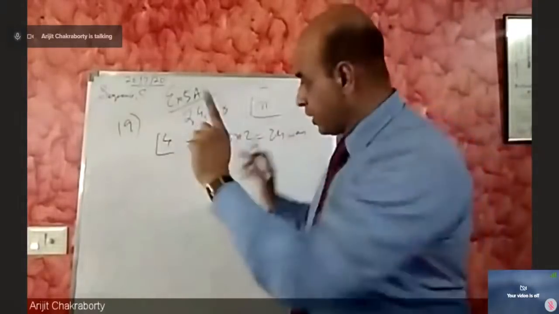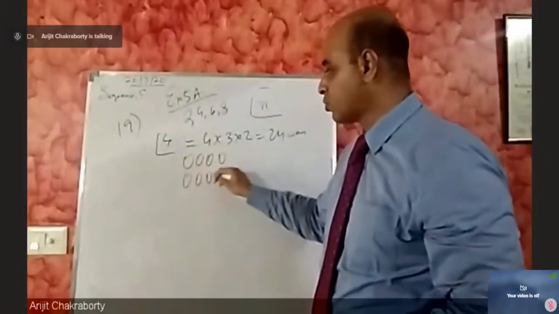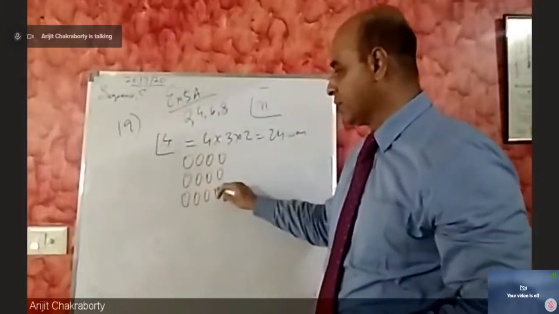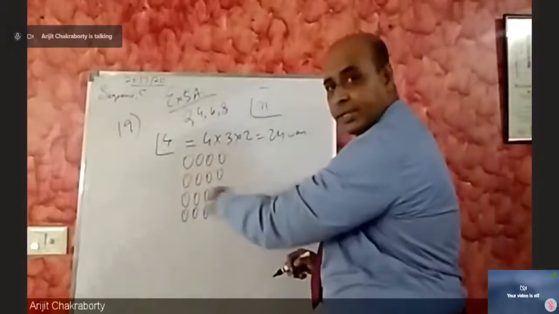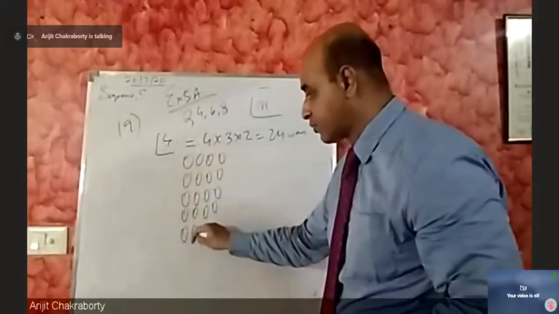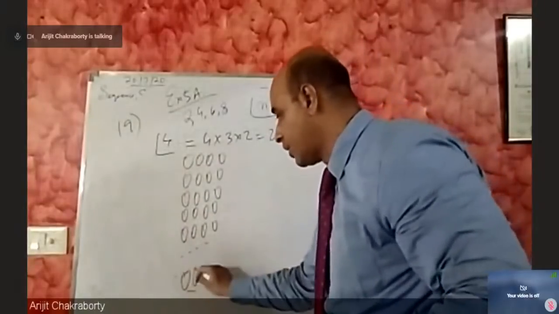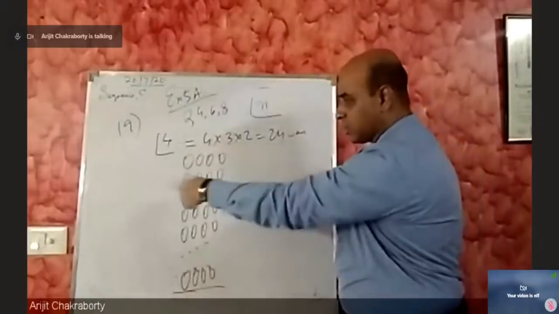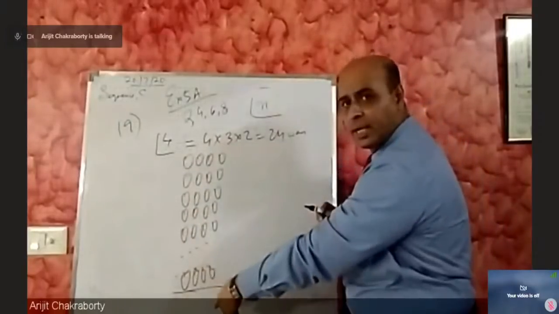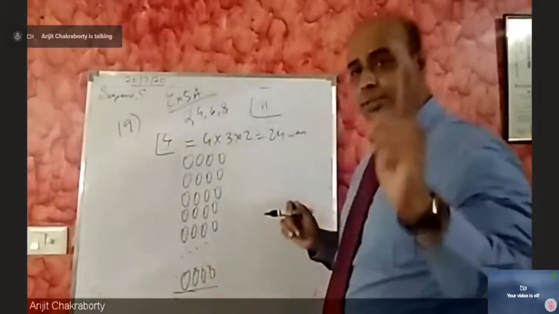That means 24 such numbers will be formed, 4-digit, 4-digit, 4-digit, like this it will go. I am just trying to draw 24, say 1, 2, 3, 4, 5, 6, 7, 8, like this, 24.